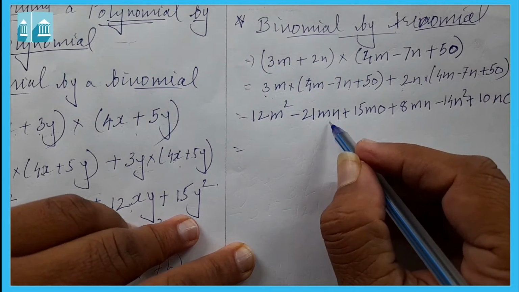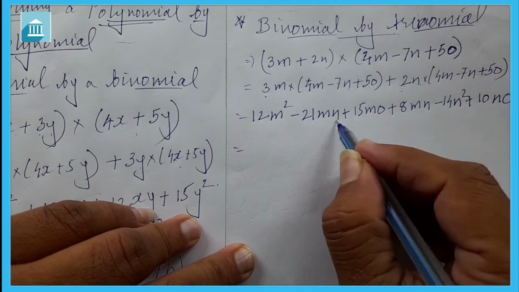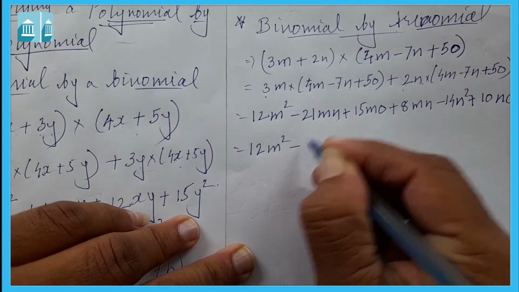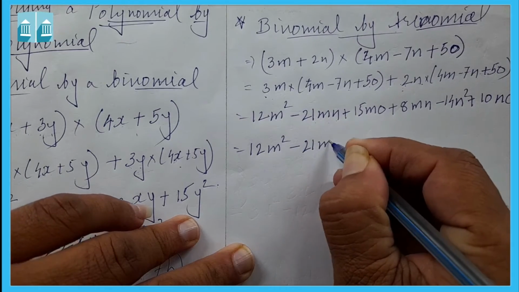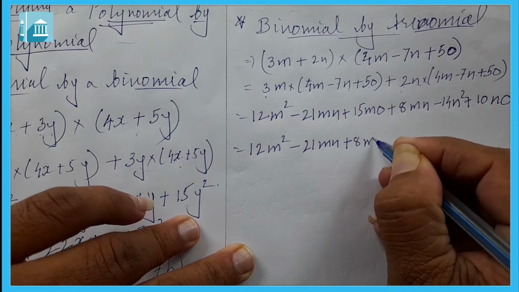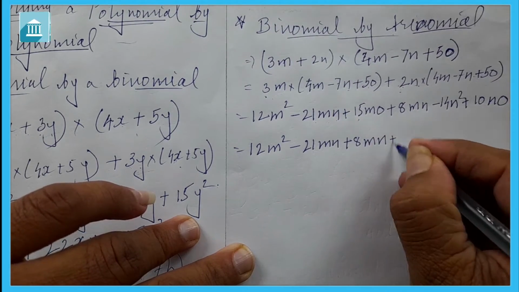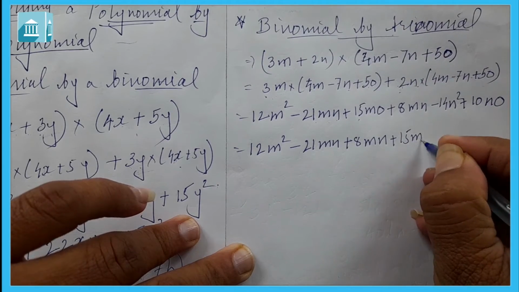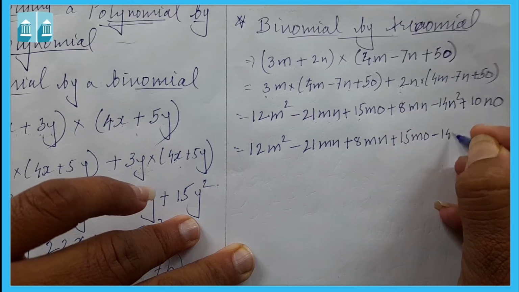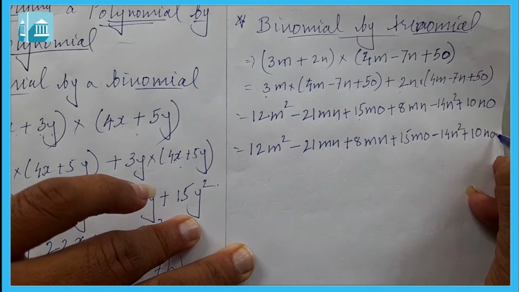Now let us see if there is any like term, let us bring it together. Only one like term is there, that is mn, so that will be 12m square minus 21mn plus 8mn plus 15mo minus 14n square plus 10no.